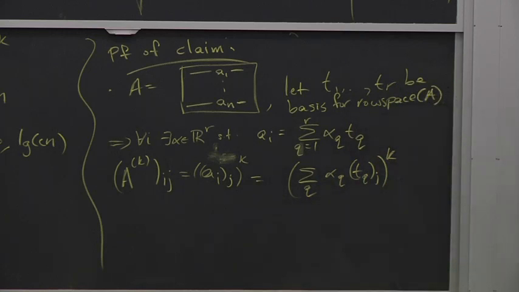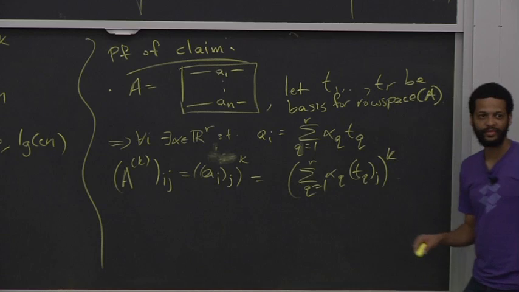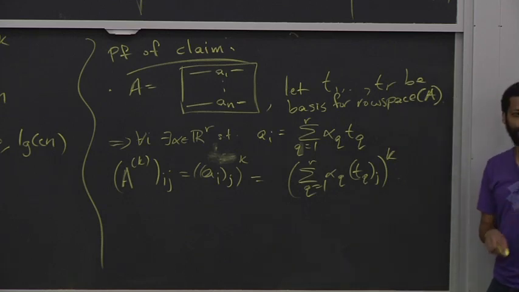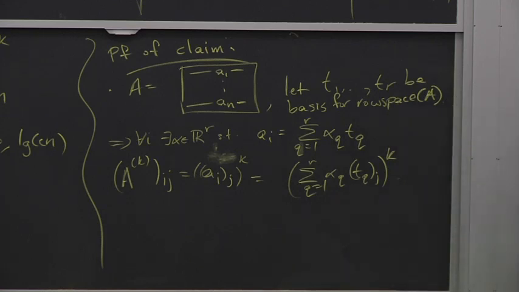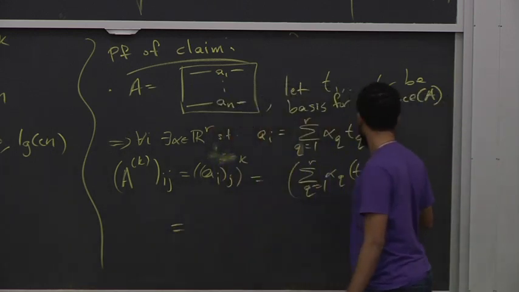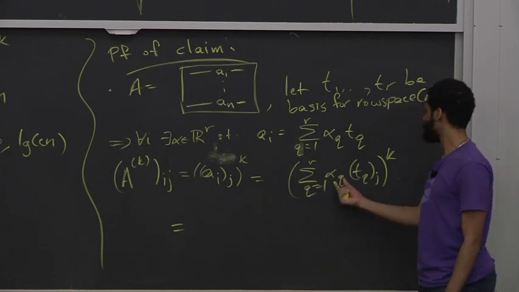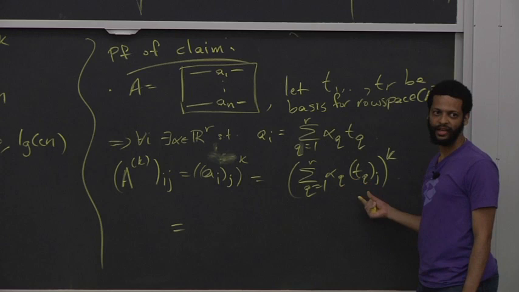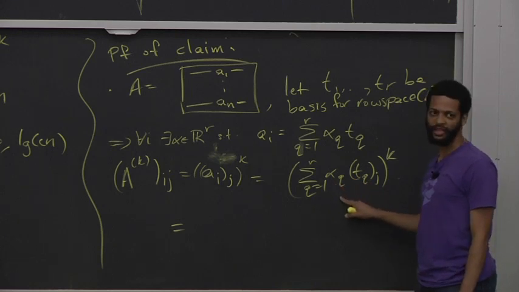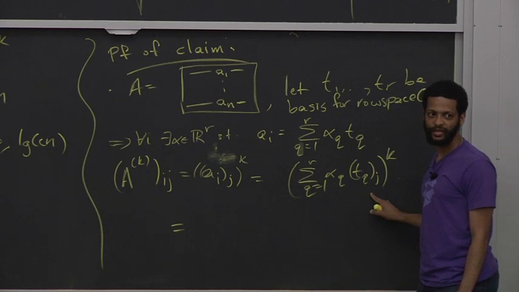And then just expand this thing out. Imagine now writing this as a sum of lots of monomials. And what does this thing look like? When you expand this out to the kth power, you're going to have some q_1, q_2 up to q_k, and you're going to have a product of a bunch of alpha_q's and then a product of a bunch of t_q(j)'s.